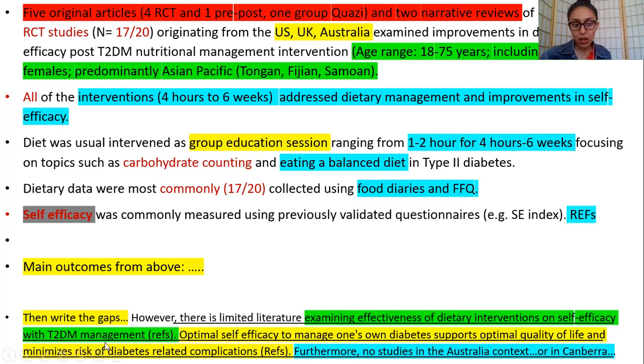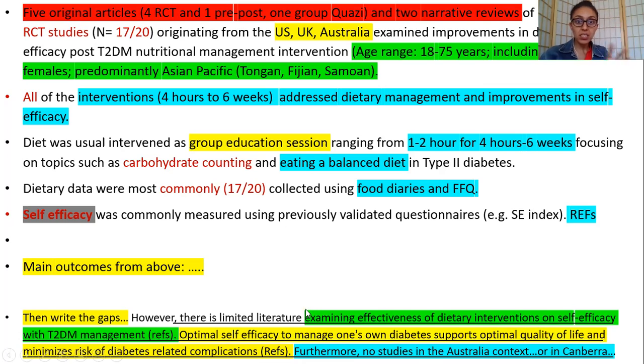And the last thing which I have written is the same as what was there in your ethics application, which is yes, there are limited studies looking at this topic in Australian contexts, in Canberra and all of that. And then again, you can have a line of significance, which I explained in the ethics application. That is always a best practice and a good thing to have.